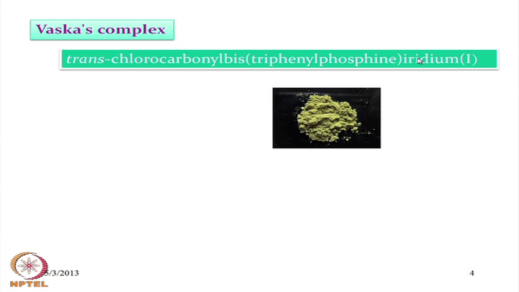Only difference is that now you have the iridium one. Instead of rhodium, we have now the iridium as the corresponding metal ion, and the geometry is again trans.